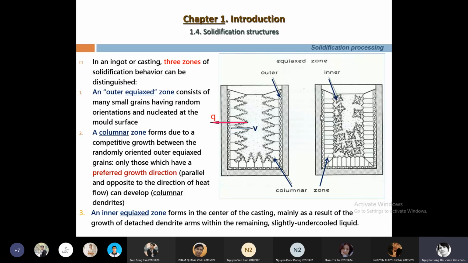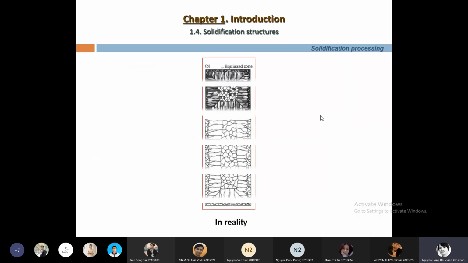Three zones. The ingot casting. Normally we have this: the outer equiaxed zone, very fine, then the columnar zone, and in the center we have equiaxed grains also, but coarser.